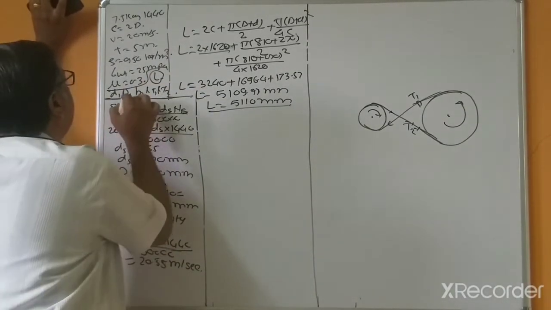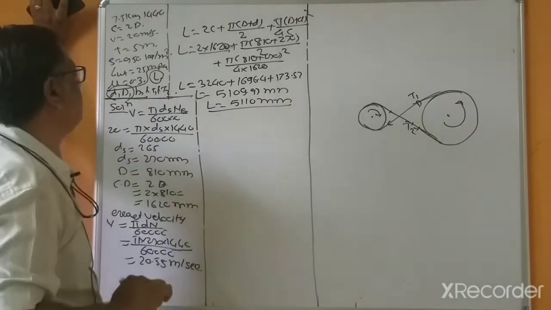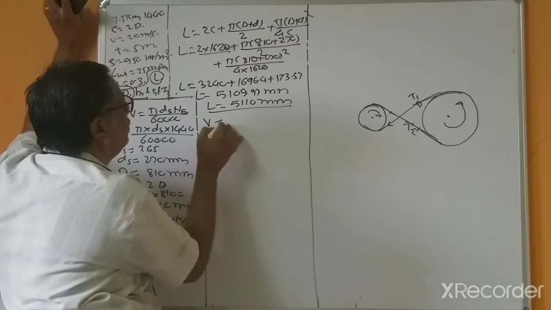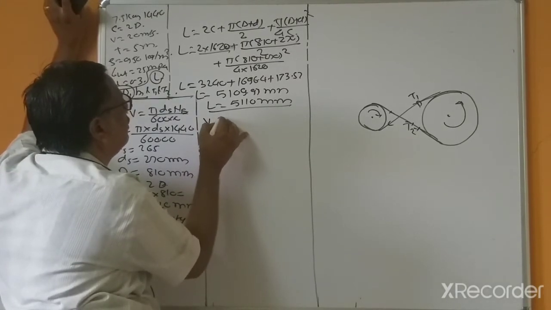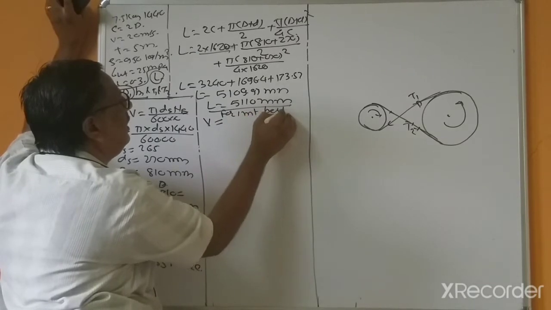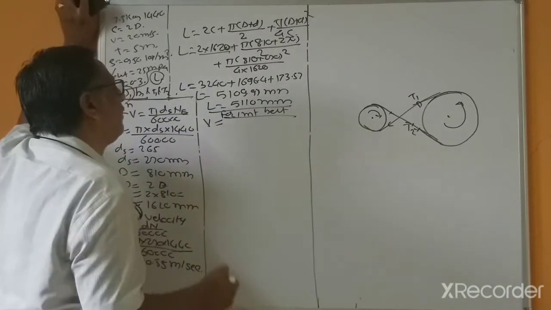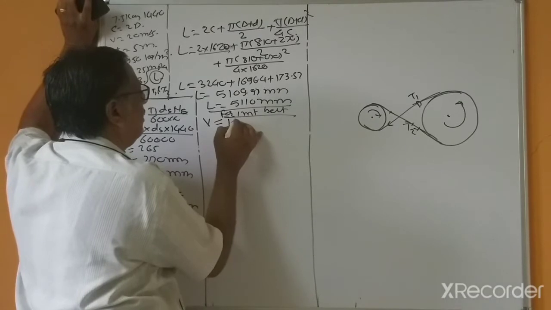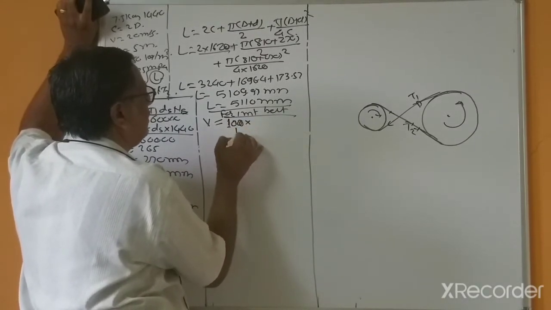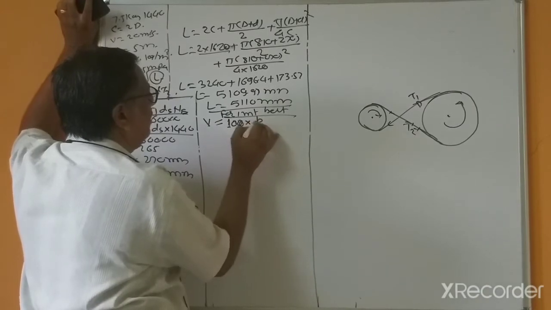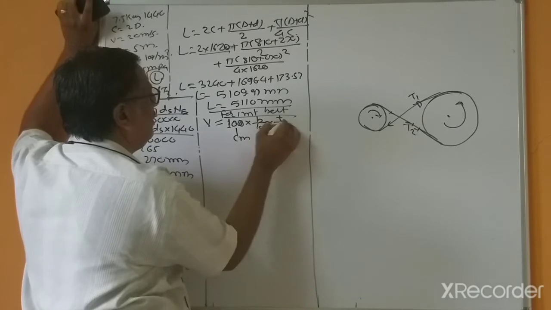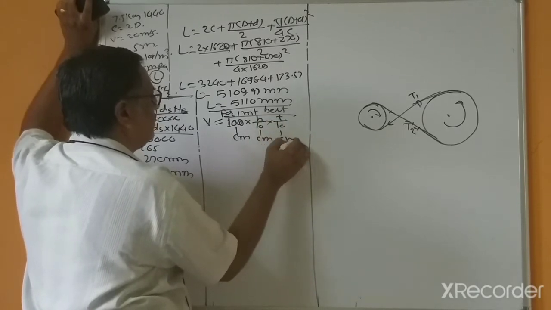L equal to 5109.97 mm. Now B is unknown. Now volume for 1 meter belt: 100 centimeter, because this is in centimeter, B divided by 10 is also centimeter, and T divided by 10 is also centimeter.